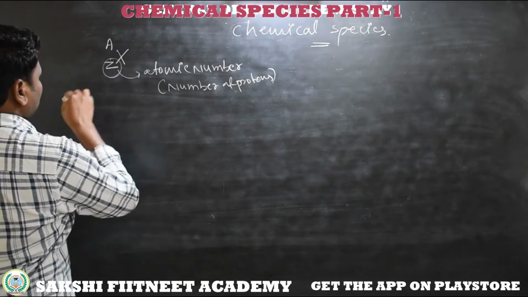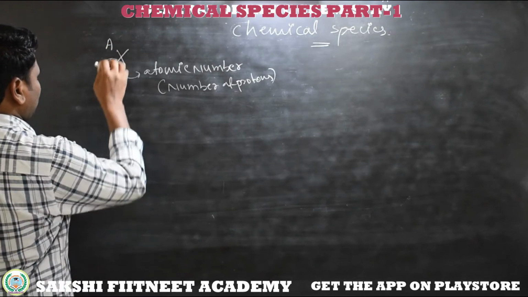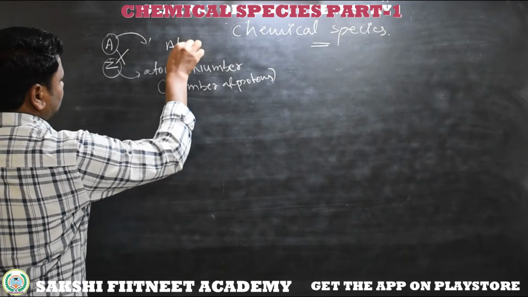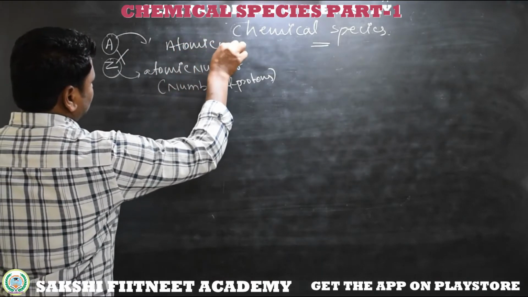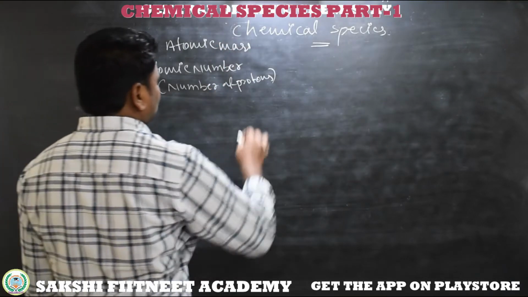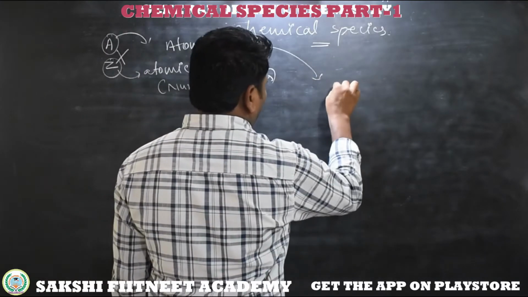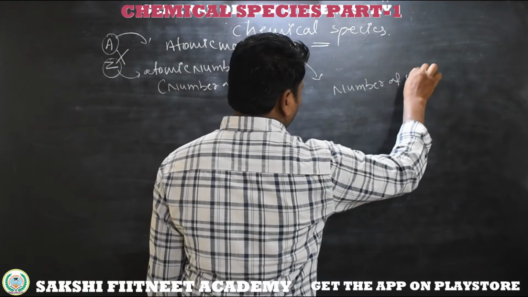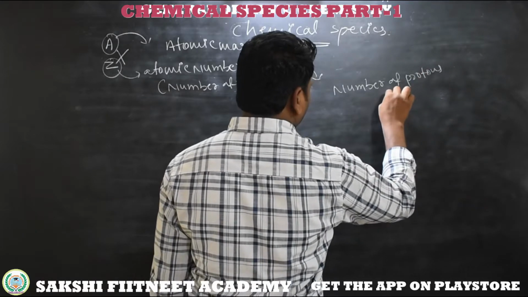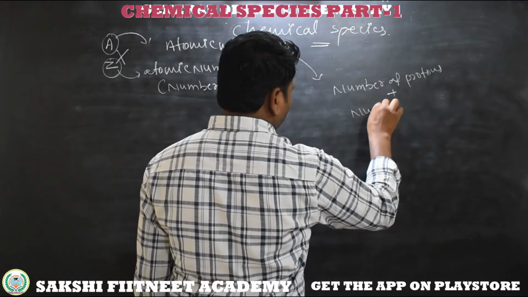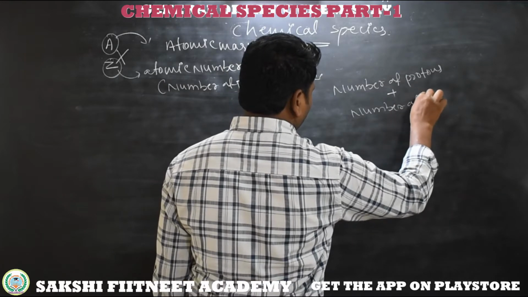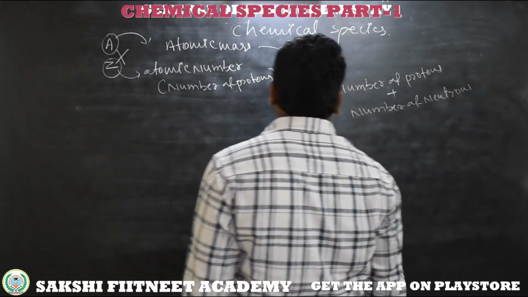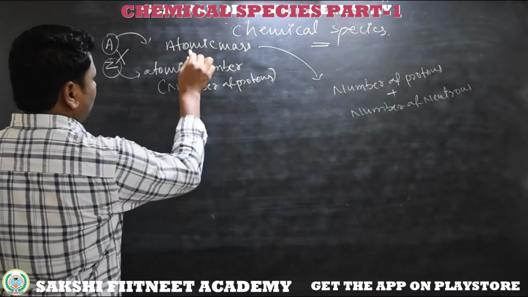Here A, which is the superscript on the left side, we represent the atomic mass. So what is atomic mass? The number of protons plus the number of neutrons present in the atomic nucleus is called atomic mass.